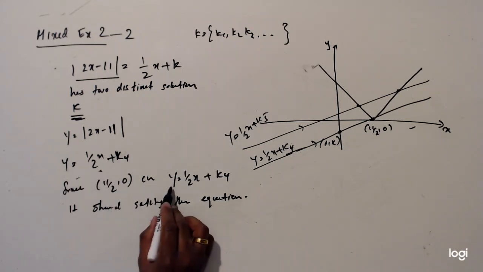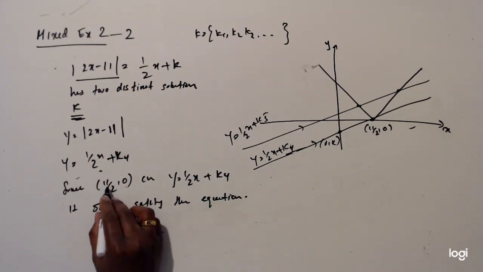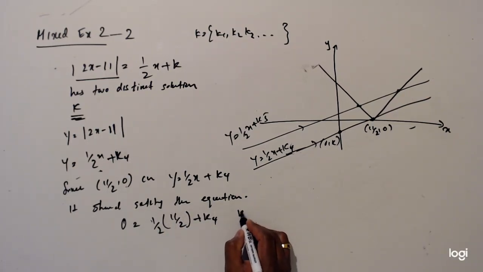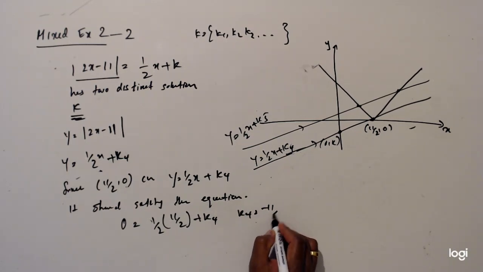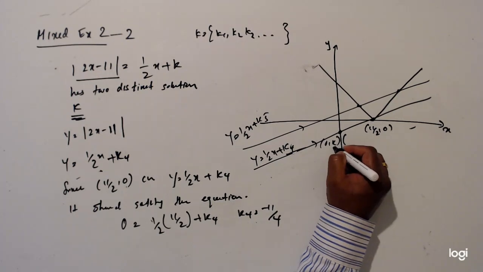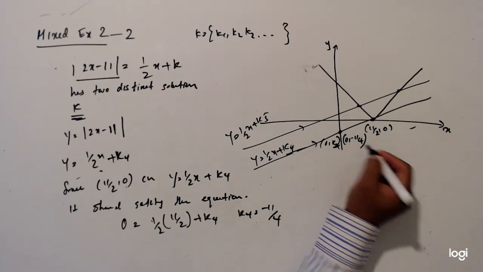So y is 0, half times x is 11 over 2, plus k/4. What is k/4? It is minus 11 over 4. We found out this value is now 0 minus 11 over 4.